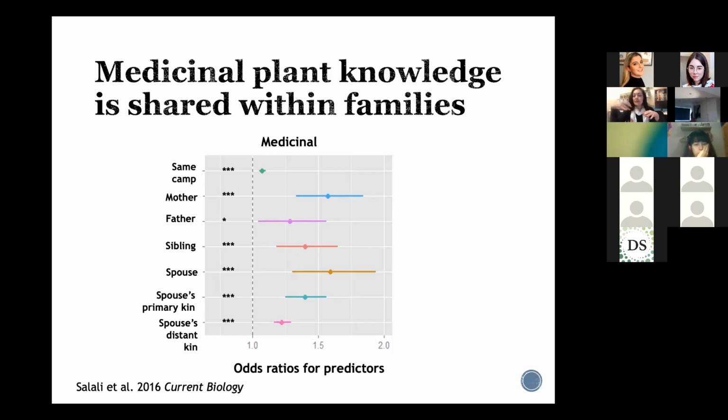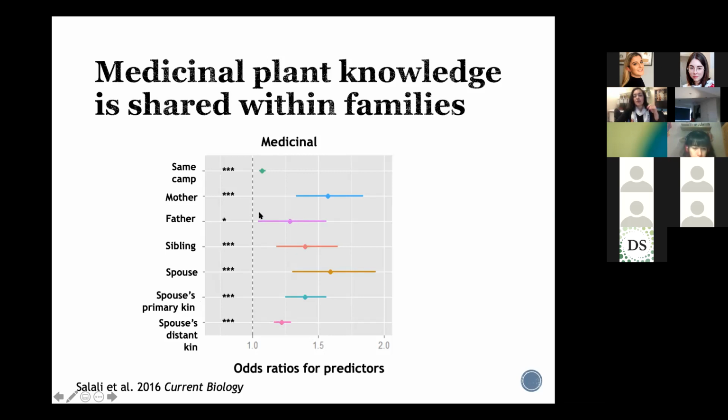What was more interesting to me was that spouses had a very high probability of sharing the knowledge on how to use plants, more so than mother and child pairs. So here in this plot, you're seeing odds ratios for different predictors.